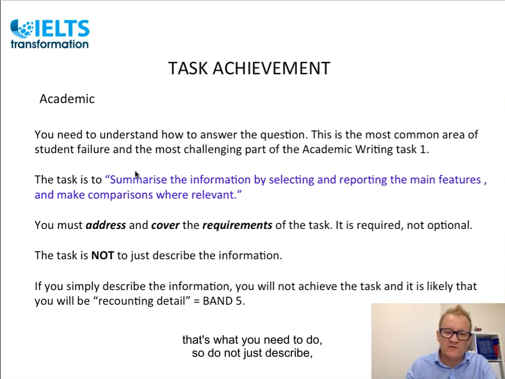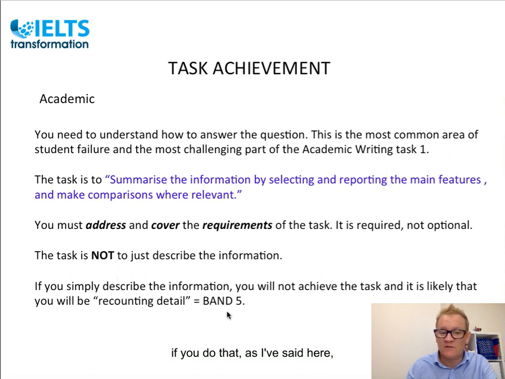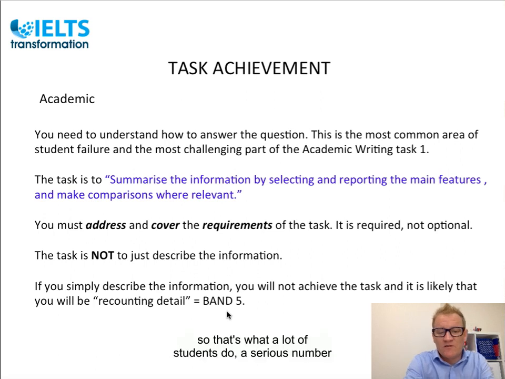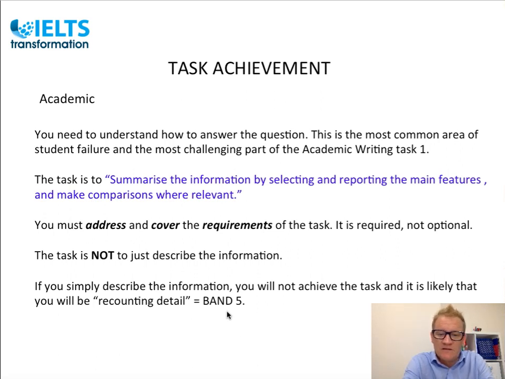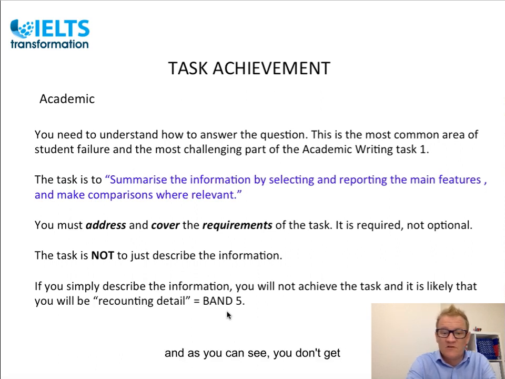So do not just describe. If you do that, as I've said here, you will be recounting detail, which means just giving detail, and that's a band 5. So that's what a lot of students do, a serious number. And as you can see, you don't get the score that you want, probably.